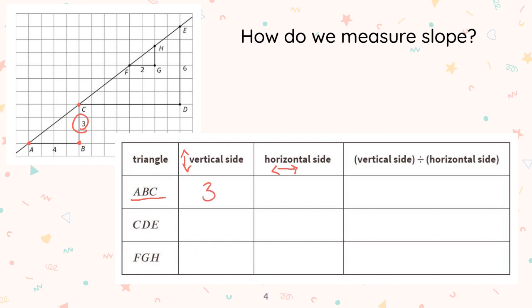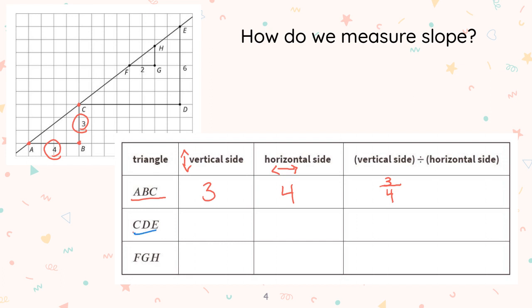My horizontal side is 4. So my vertical side divided by my horizontal side is 3/4, or 3 divided by 4. If I divided that out, that would be 0.75, but we always want to keep our slope in fraction form, not decimal.